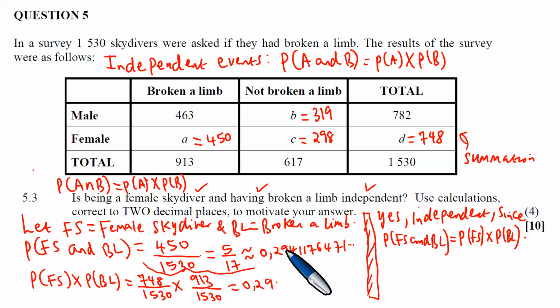At this point, we rounded off to two decimal places, they are equal, and therefore we agreed that the events themselves are independent. So we have discussed what independent events are in probability. It is when the probability of A and B equals the probability of A times the probability of B.